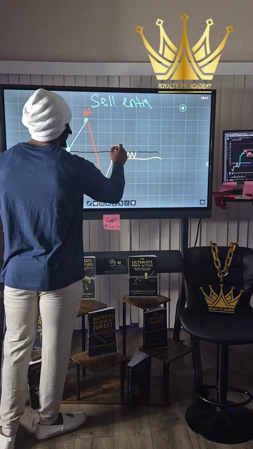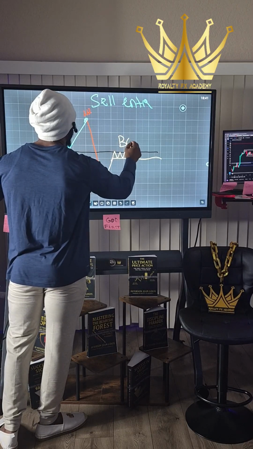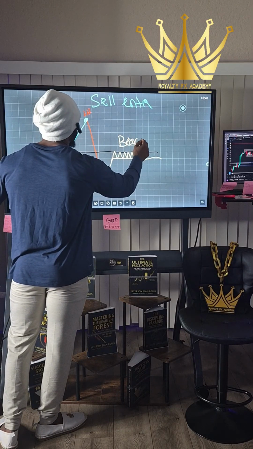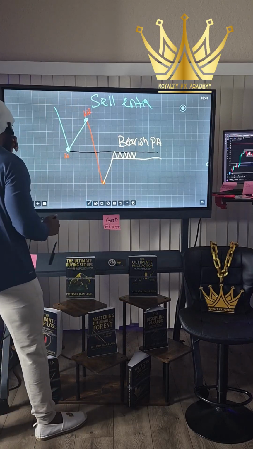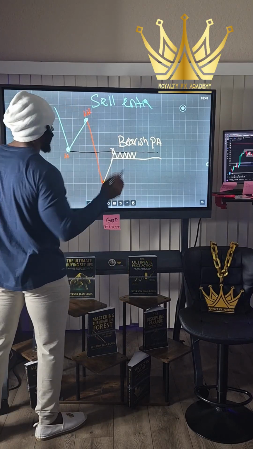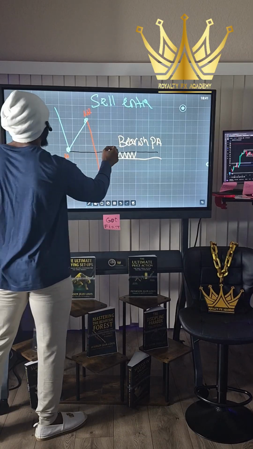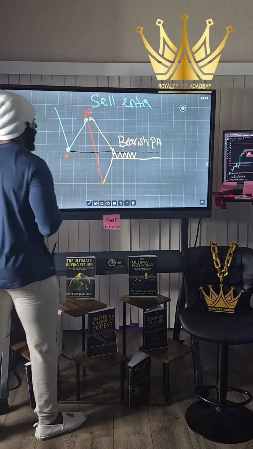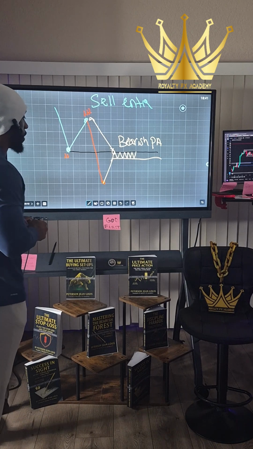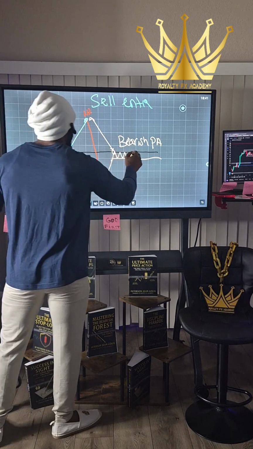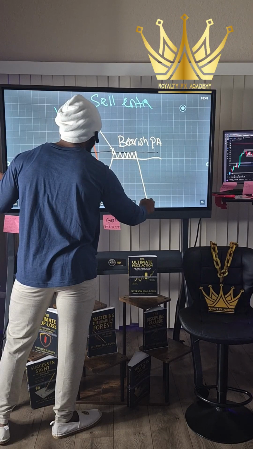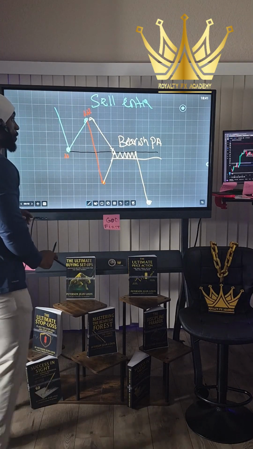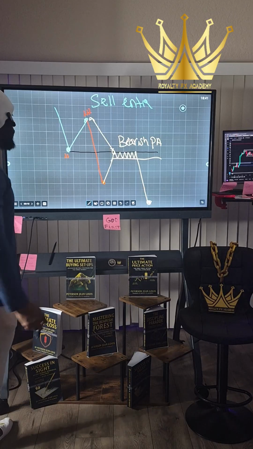As long as you took your bearish PA, price action, and your stop loss is placed at the previous lower high, you have nothing to worry about. Okay. Eventually, the market will go where it's supposed to go to give you that lower low.